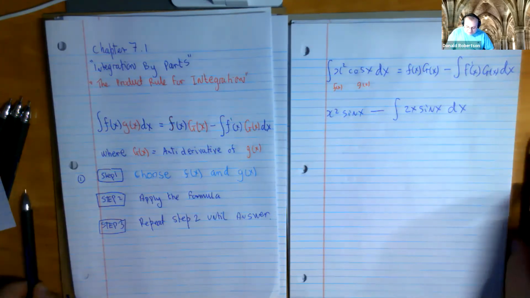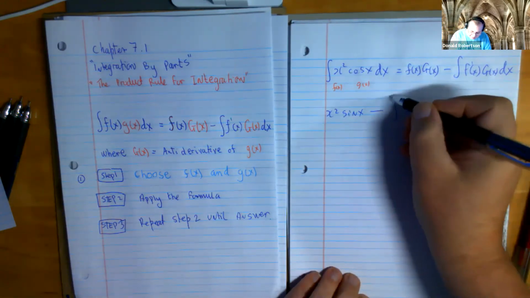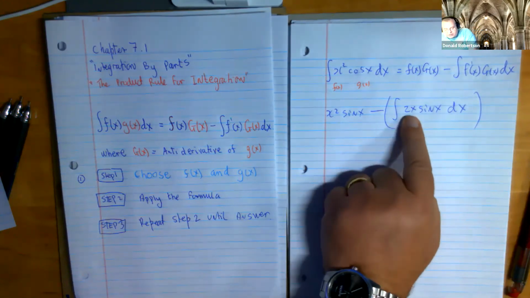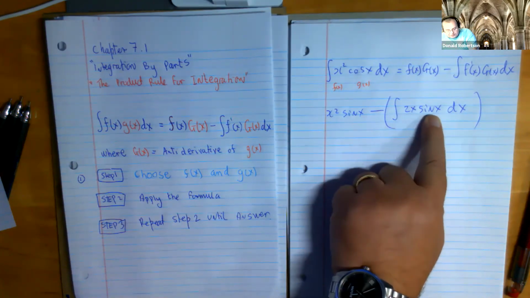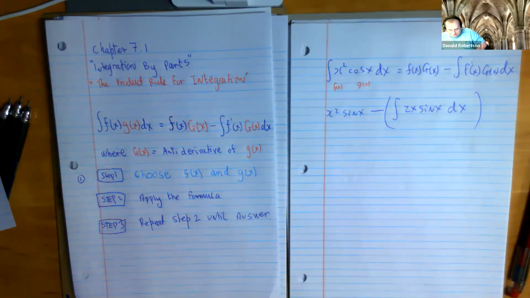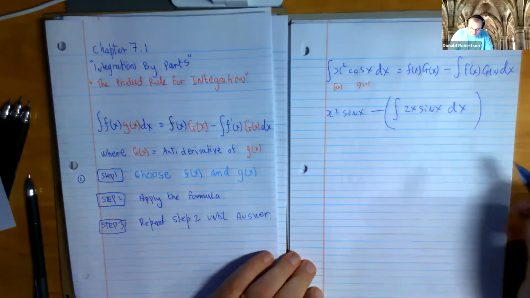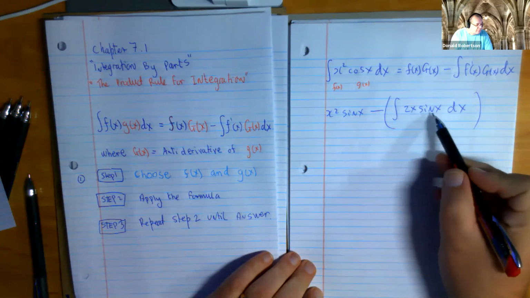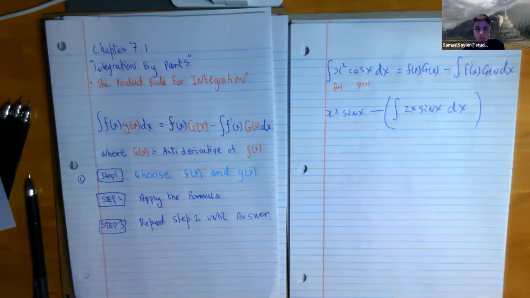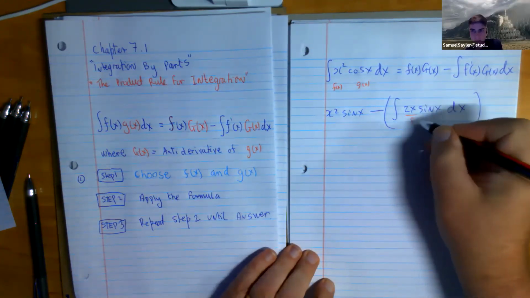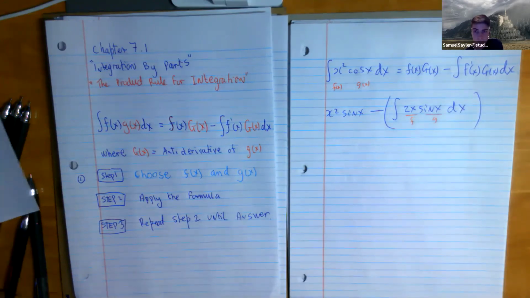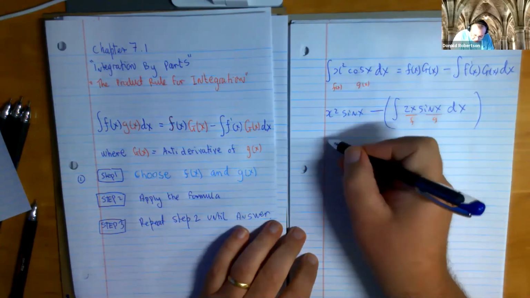So who is going to be the new, I'll put a bracket around it, who's going to be the new integration by parts? Which one of these is f? 2x? Yeah. I won't bother writing the formula down this second time.